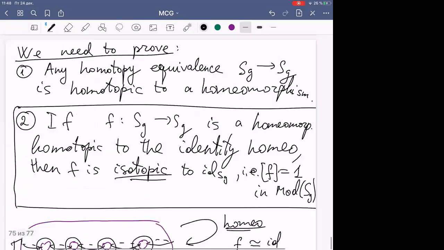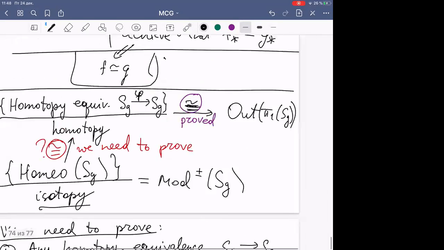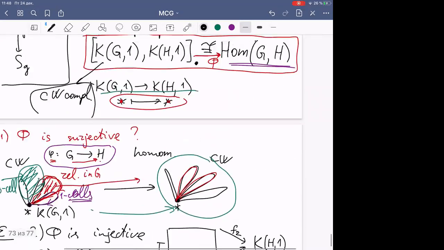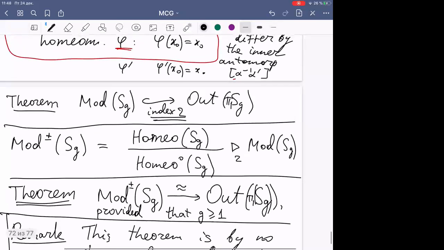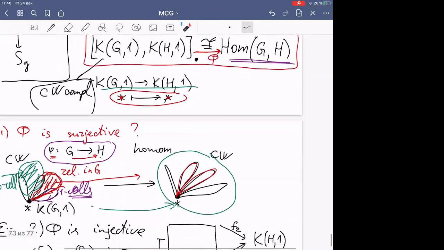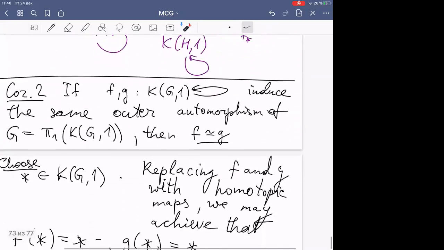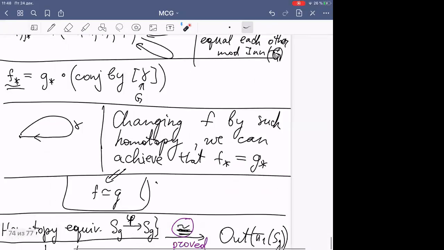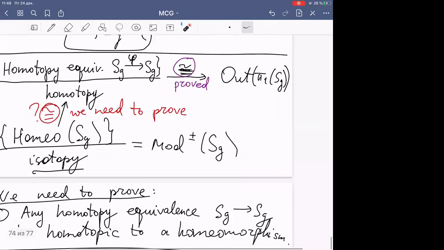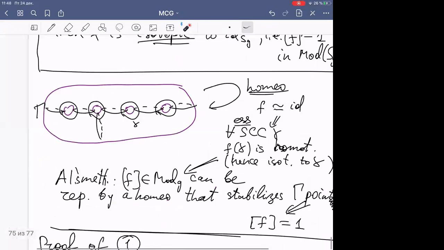I recall that this theorem says that the extended mapping class group, twice extended by allowing orientation reversing homeomorphisms, is isomorphic to the outer automorphism group of the fundamental group of the surface. This is for a closed surface of genus at least one, and we haven't finished this proof, but we will do it rather quickly.